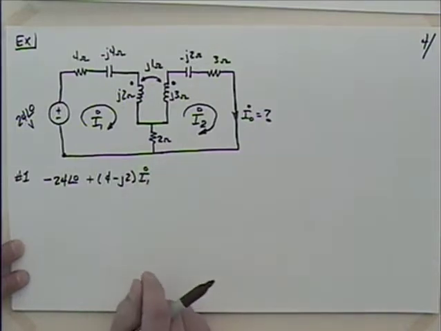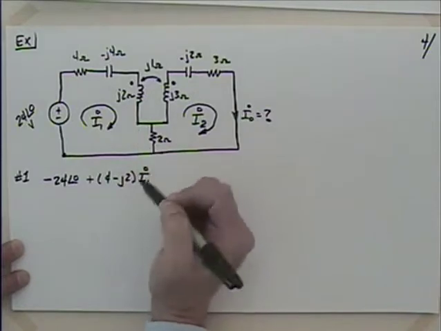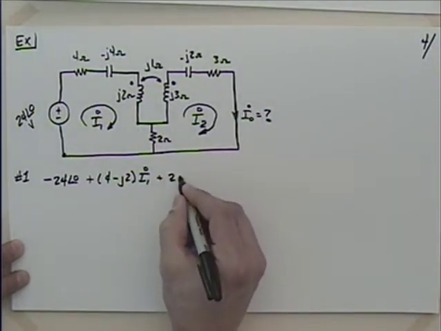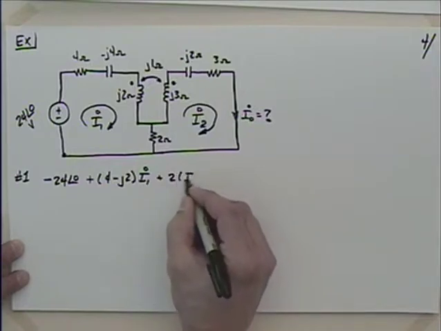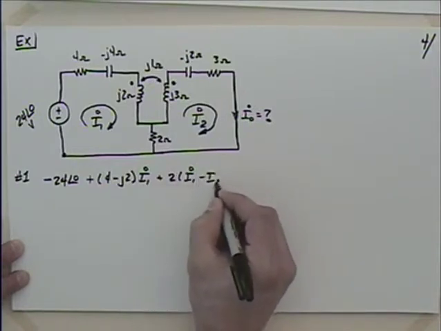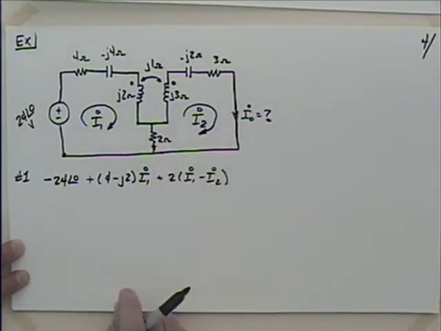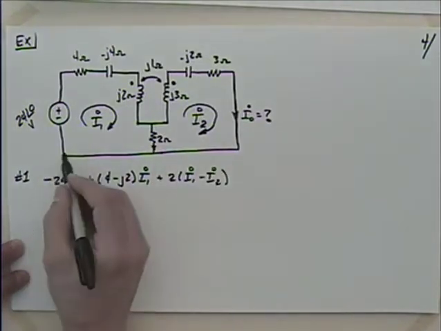You okay with that? That gets me to here. Then I've got plus 2 times I1 minus I2, because your net current going down is going to be I1 minus I2. And that gets me back to the starting point.